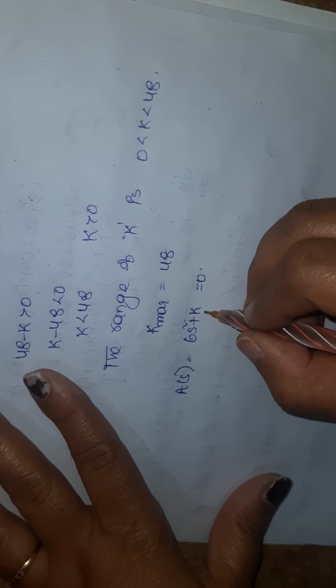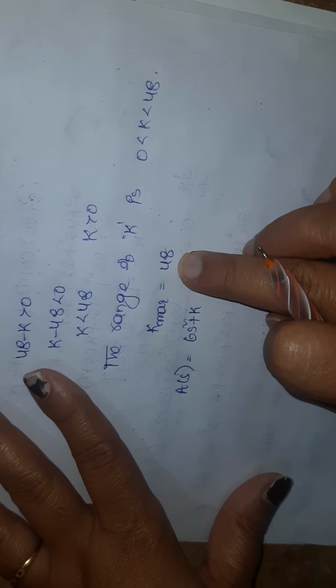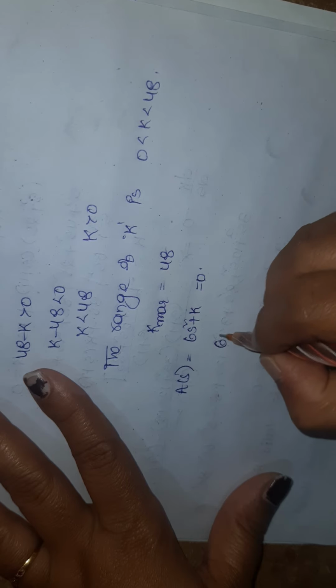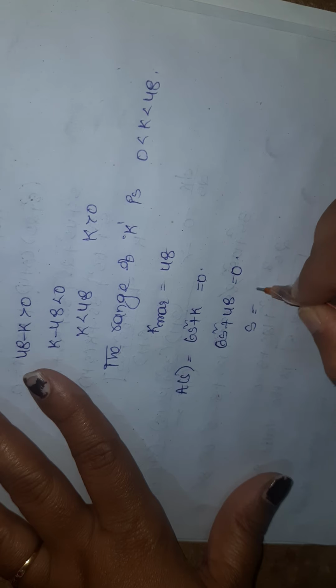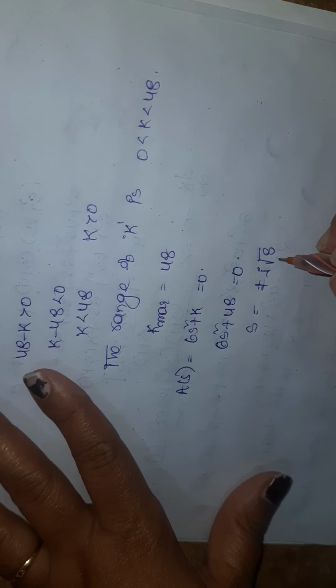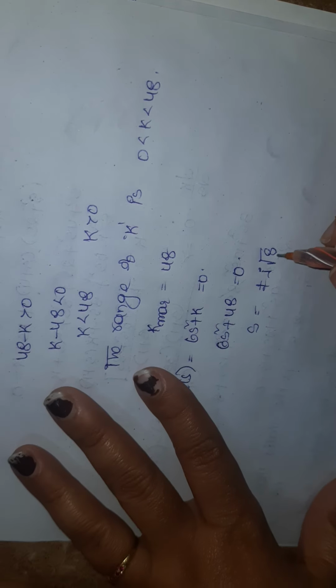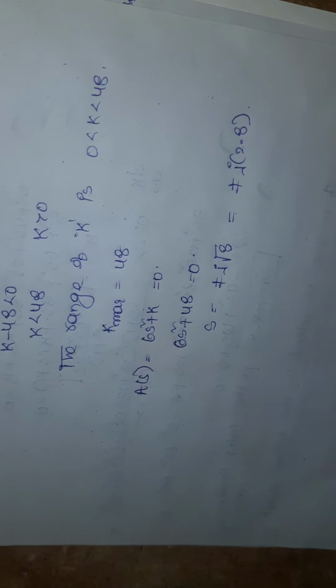What k value did we get? 48. So we consider the auxiliary equation at k marginal: 6s square plus 48 equal to 0. So s is equal to plus or minus j root 8, since 48 divided by 6 is 8. Root 8 is 2.8.